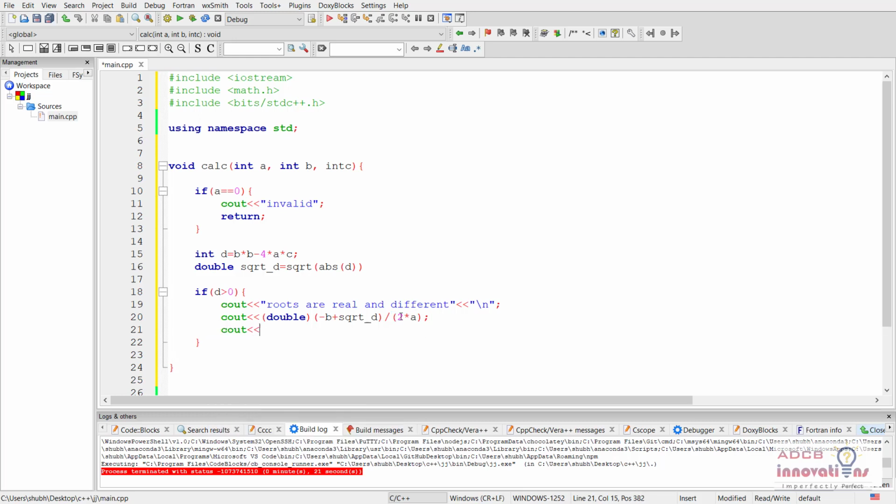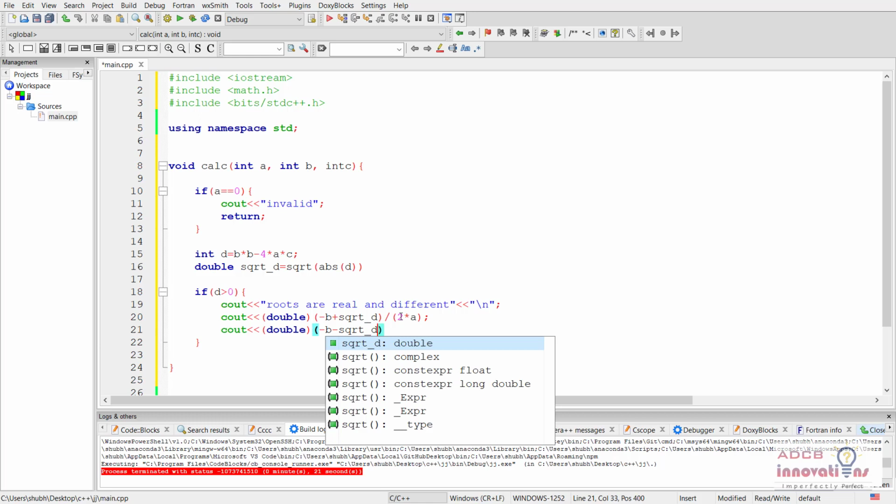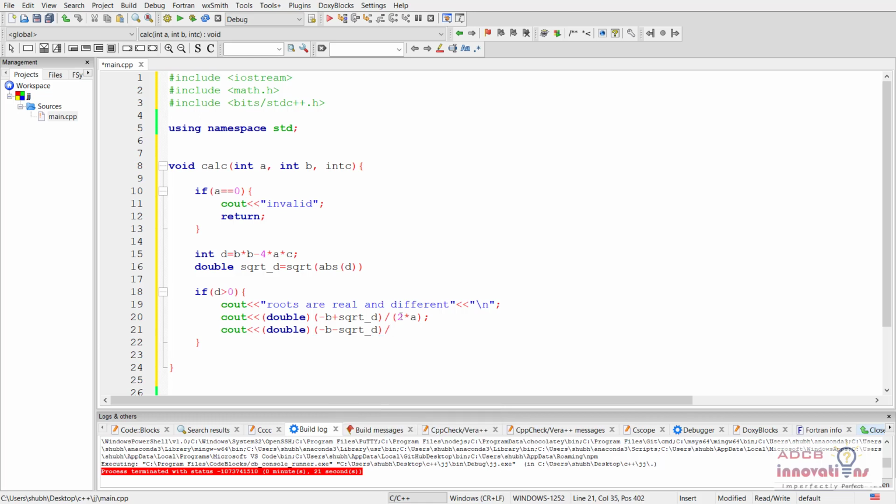Next thing, we are going to print the value for minus b minus square root d. So here again it will be double. So minus b minus sqrt_d divided by 2 into a. So this is for our first case when roots are real and different.